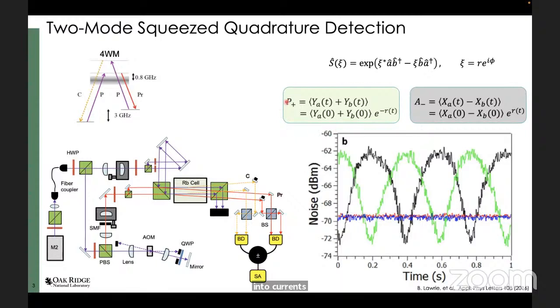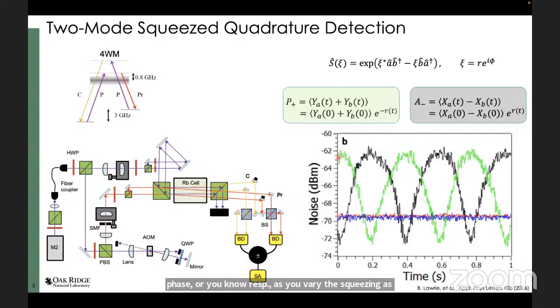And so basically the quadratures that we're measuring, since this is two-mode squeezed light, we're looking at phase sums and amplitude differences. And they are going to be respectively squeezed and anti-squeezed. And that will vary as you vary the local oscillator phase, or respectively as you vary the squeezing as a function of time.